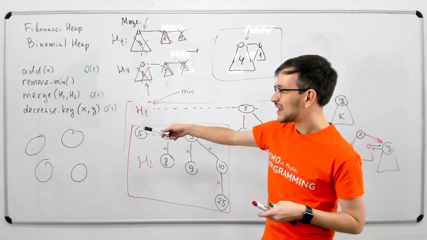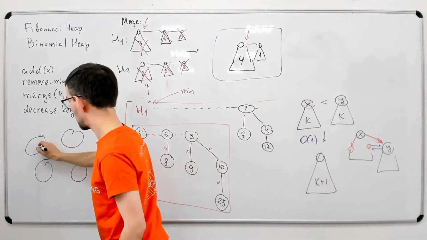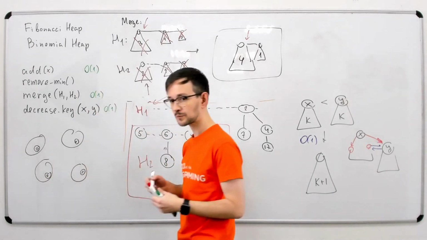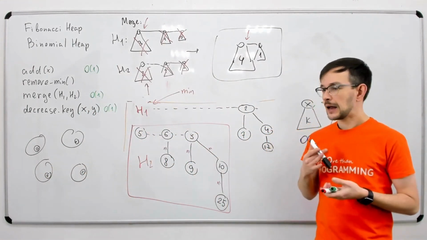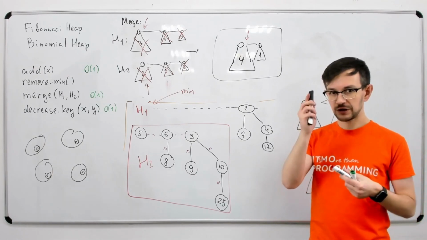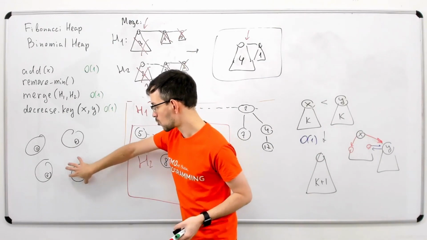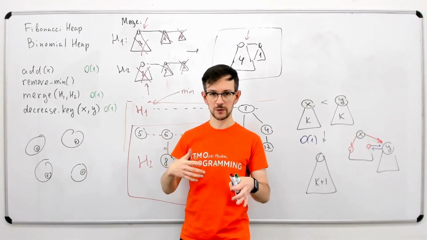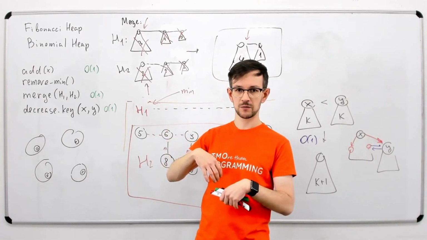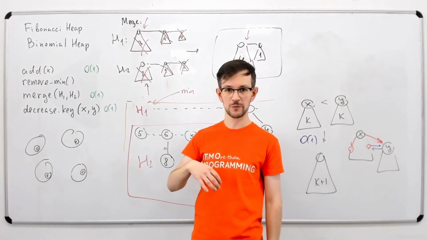So you have groups of elements, and you have the minimum in each group. What you want to do in Dijkstra, for example, is to take the minimal group, the group which contains the minimal possible element, and remove this group completely from the heap.